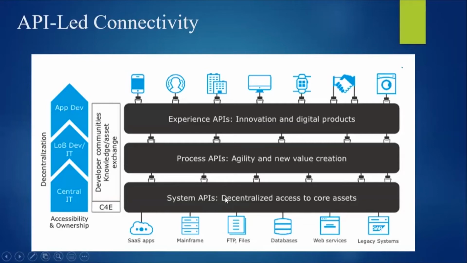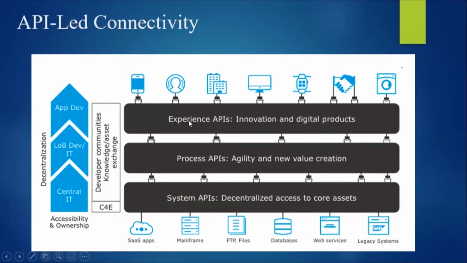So you get the data via the system API and give it to the process API layer. What it typically does is add new value, or implement all the business logic, okay? It sits in the middle, and gives data to the experience layer.